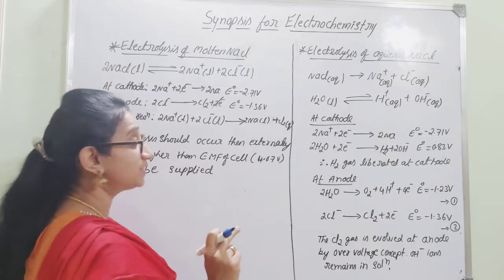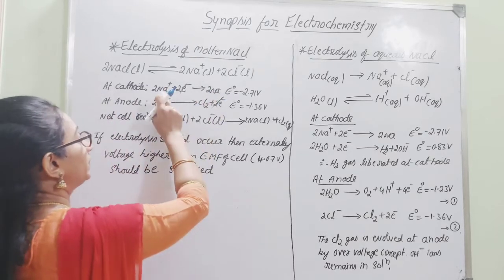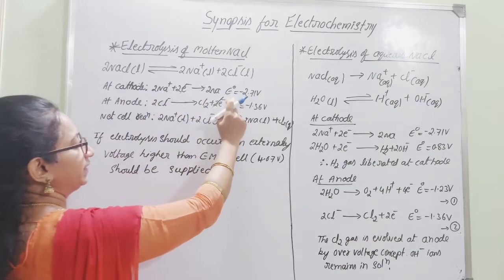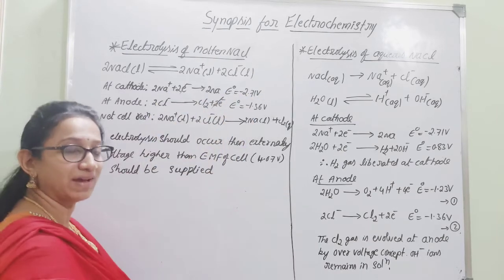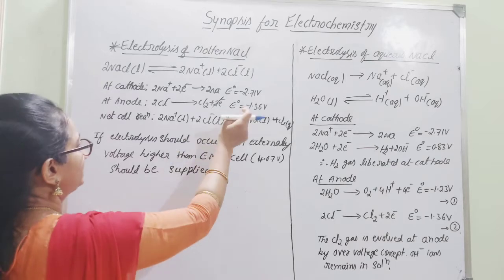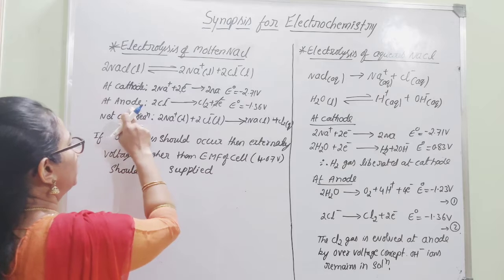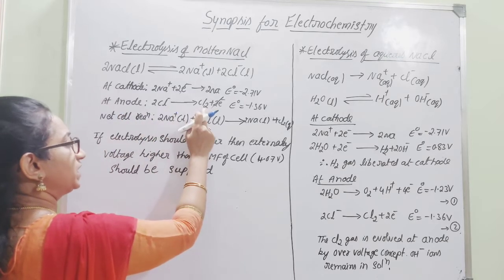As you know, it is easy for conversion of Na into Na+. It is difficult for conversion of Na+ into Na. Hence, it has a negative reduction potential value. And we can also consider that at the anode, Cl- is converting into Cl2.